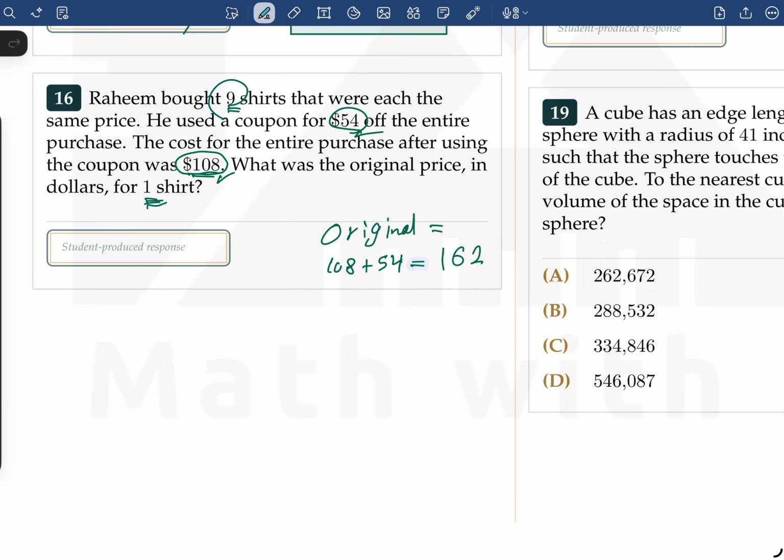We divide by 9. The original price for one shirt is equal to 162 over 9. And then we get the answer of 18. That's how to write the answer. So it's a matter of understanding, and it's just calculation. That was question number 16.